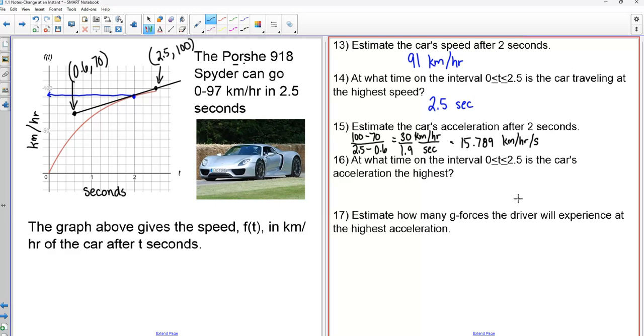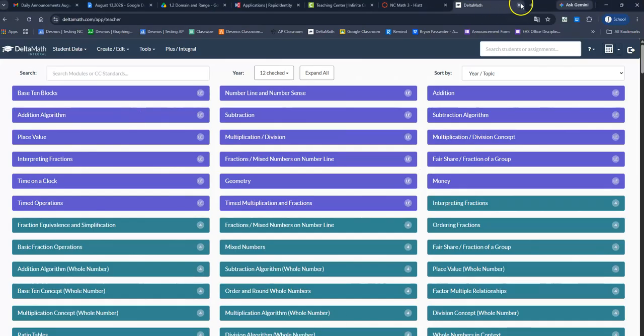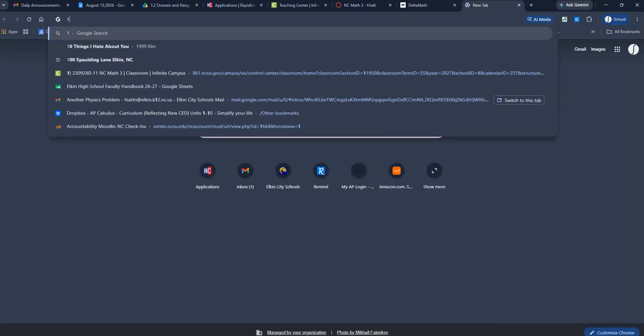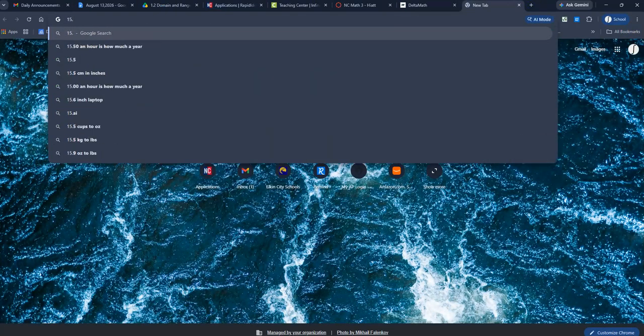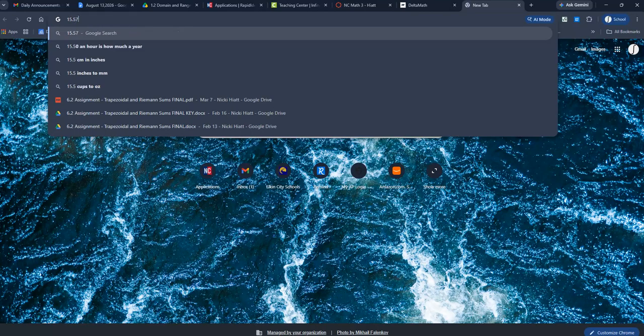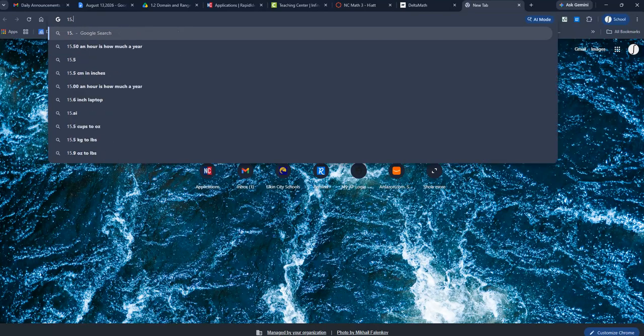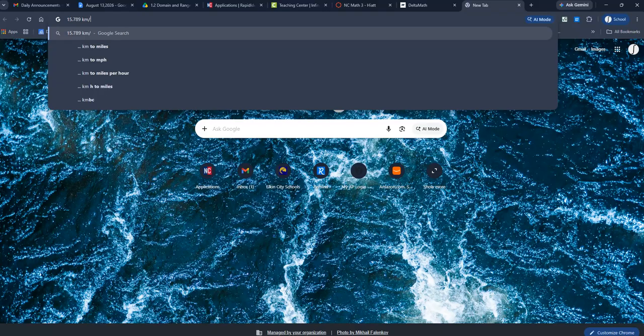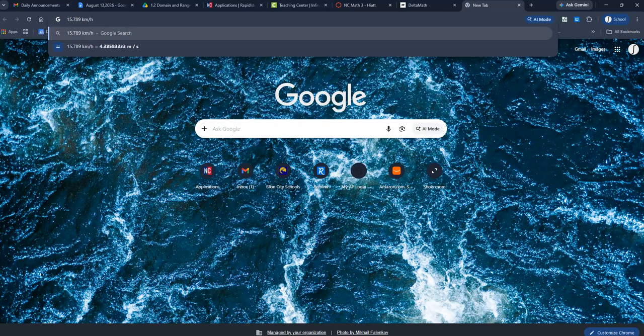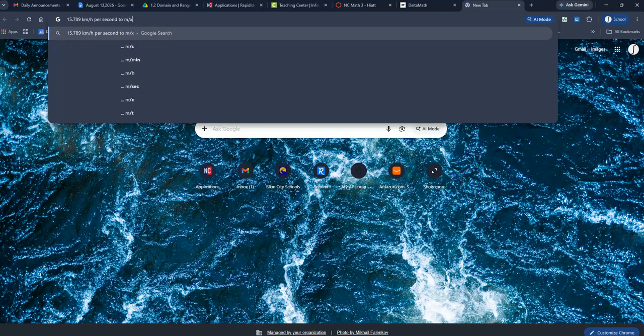So if we just go over here, let's give it a quick Google. 15.789 kilometers per hour per second to, let's do meters per second.